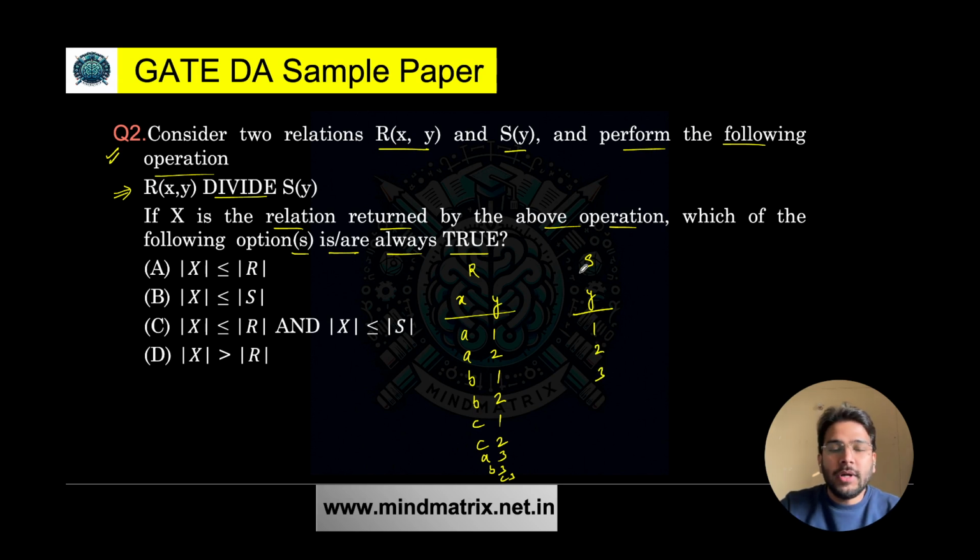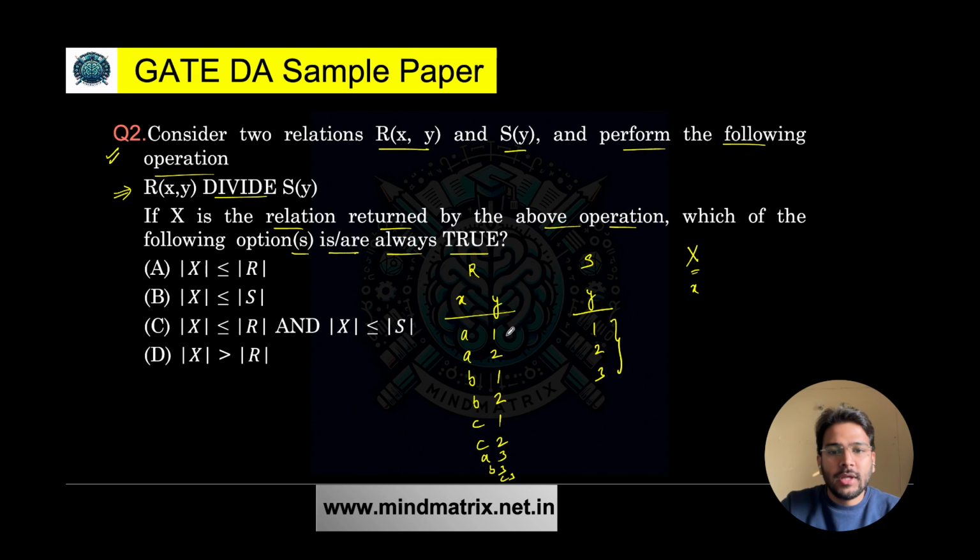Now if I perform the division operation, what happens in a division operation? For this, we have to consider like this. We have 1, 2, 3 in S. Basically, in the final result we will be getting the X attribute.